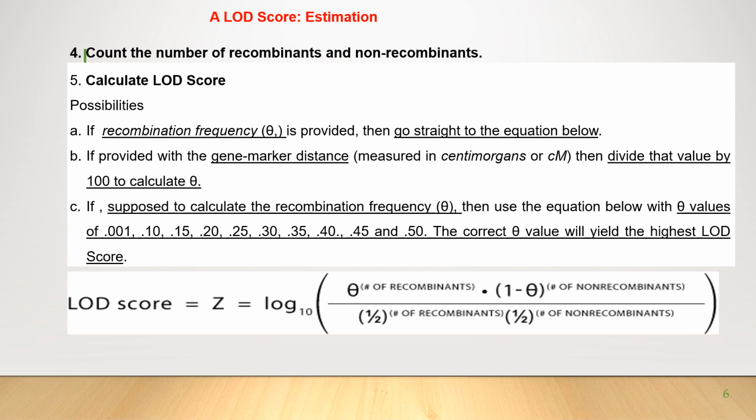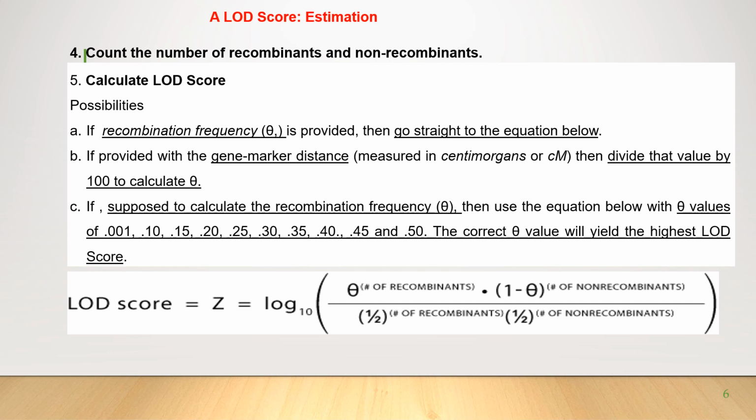If the distance between the gene markers is given, we divide the value by 100 to get the recombination frequency theta, because recombination frequency percentage is actually the map distance between the genes.